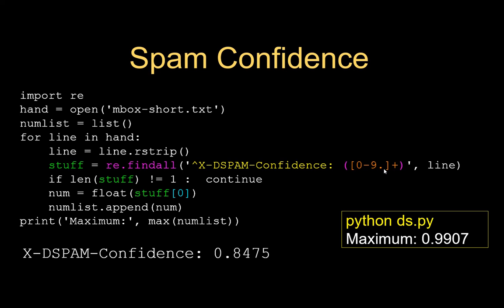And then this is the bracket, and no, actually, I made a mistake. So dot here means actually, this is an interesting one. So 0-9 dot.